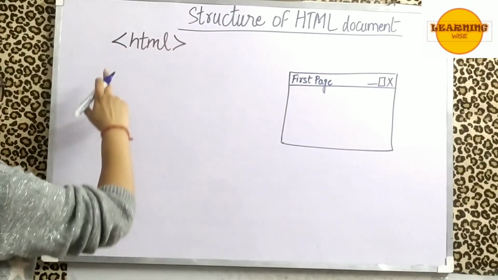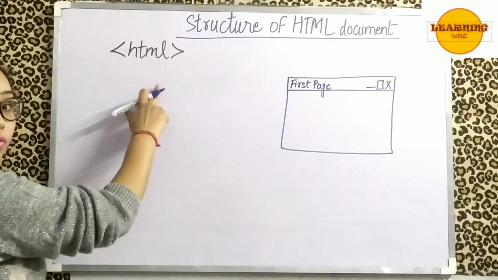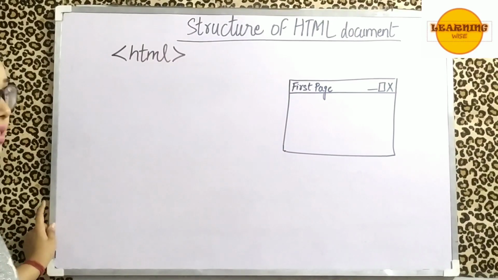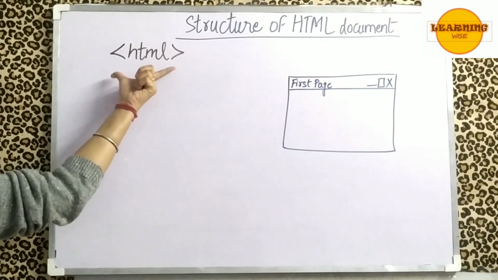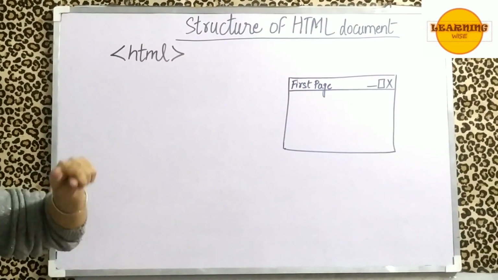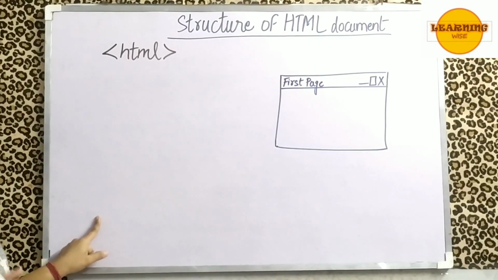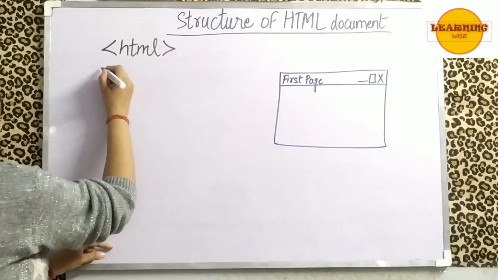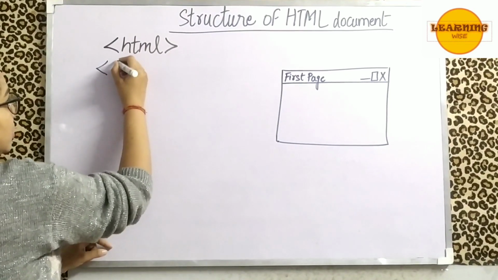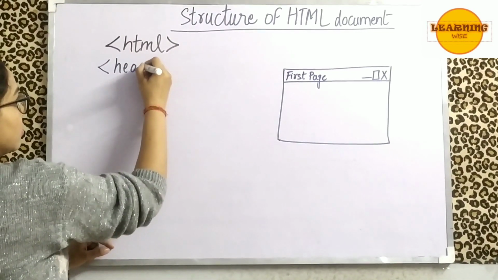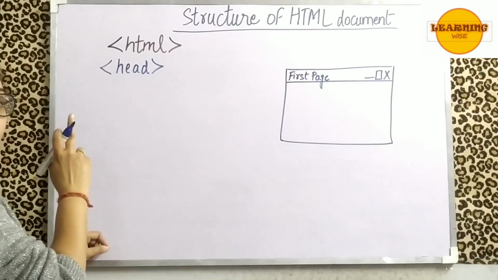Okay. So the very first tag in the structure of HTML is the HTML tag, which is a container tag. Okay. So when we are going to start this tag, ultimately we are going to end it at the bottom also. Okay. After that we have got the head. Okay. Now head is written.